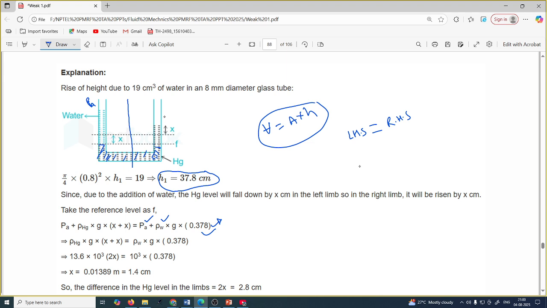Now we are writing for this limb here. So atmospheric pressure is given already, and rho of Hg, meaning the density of mercury, and g and x.